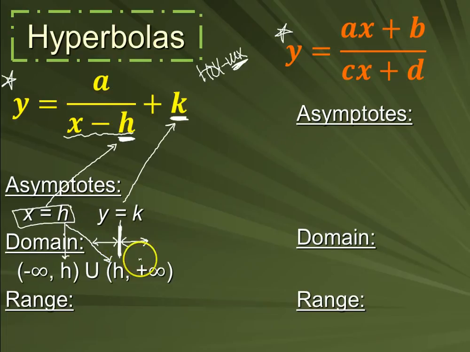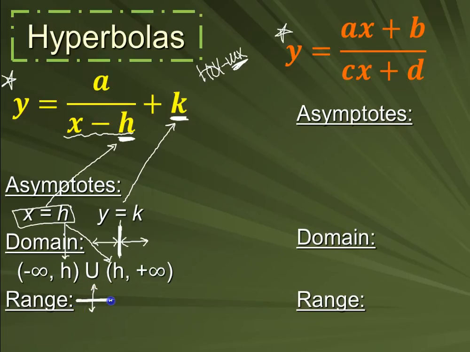So it's going to be everything from negative to positive infinity except for where that asymptote's at. Because remember, with an asymptote, we can never touch it. So it's going to be everything except for h, and that's what this h with that union in here is talking about. Range is my up and down. So how can up and down be restricted? With what kind of a line?